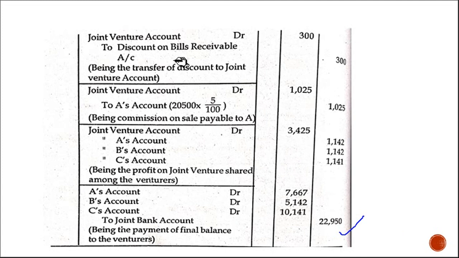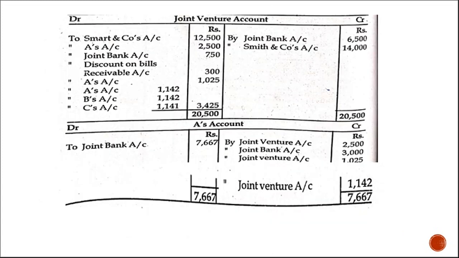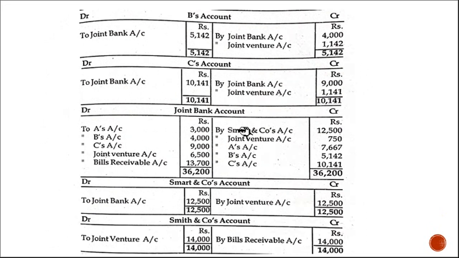Clear? So the journal entry is only this much. Other ledger accounts we can prepare. Joint bank account. In the journal entry, wherever joint bank account appears, we have to write this. Joint bank account debtor to A 3,000, B 4,000, C 9,000. So these are the capital.